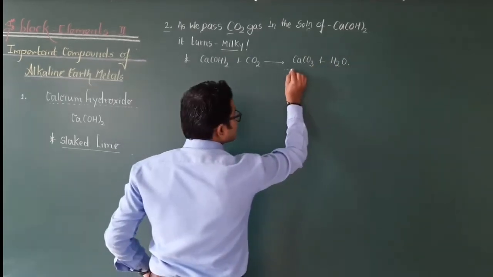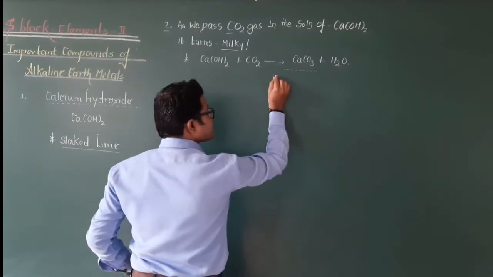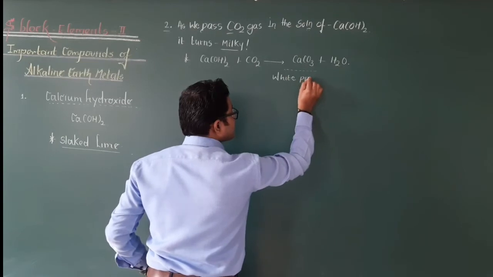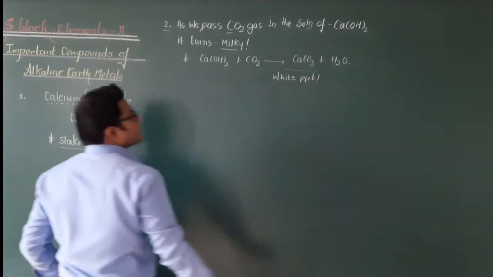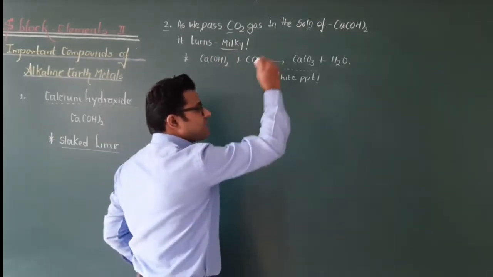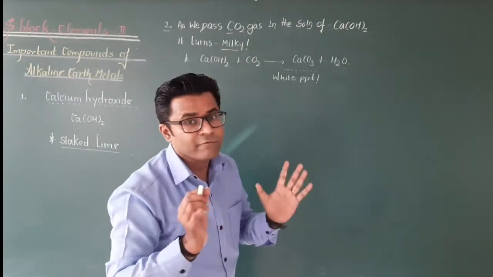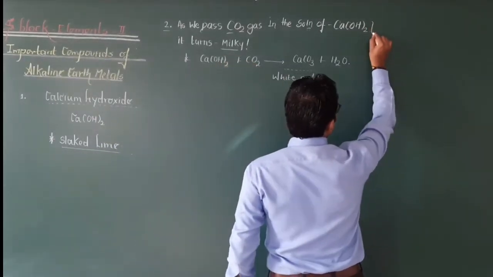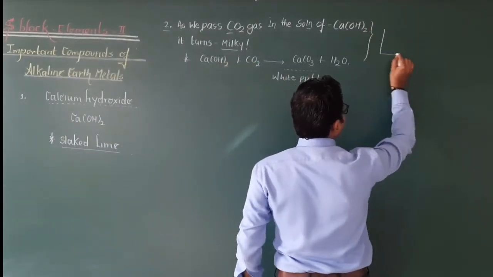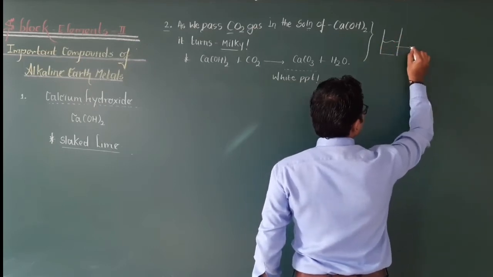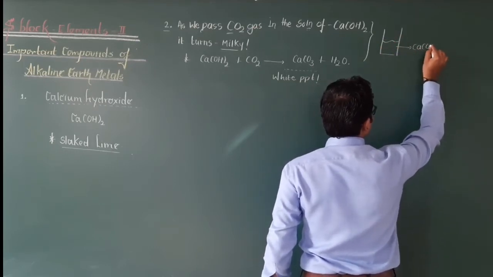So what is formed is nothing more than the white precipitate. That means it is responsible for making the entire solution milky in form. So what we have done in this entire scenario is that there was a solution of calcium hydroxide.